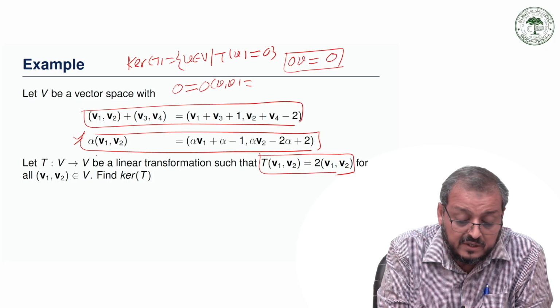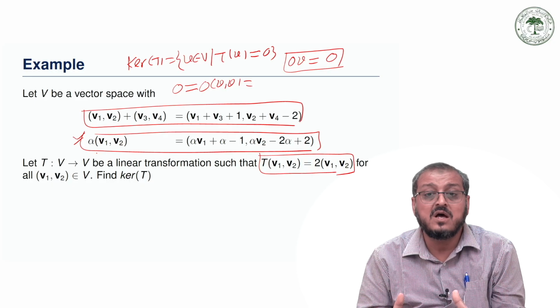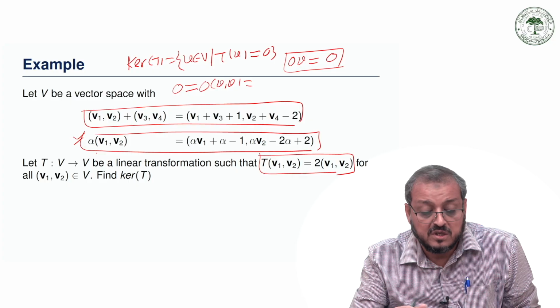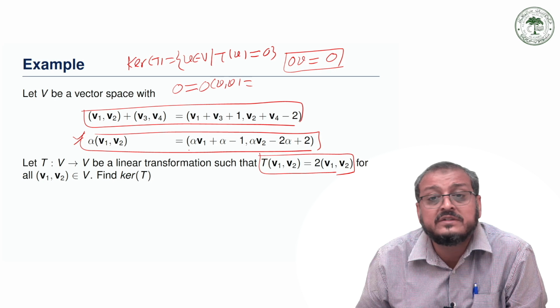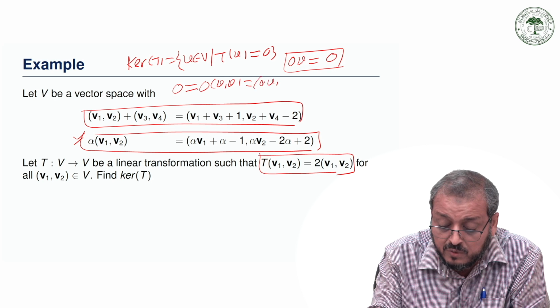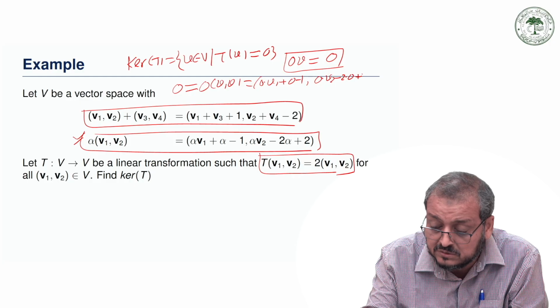So, we can find the identity element for this vector space, meaning the additive identity, the zero element of this vector space. We put alpha equal to 0 in this scalar multiplication. So, we have 0 times v1 plus 0 minus 1, and 0 times v2 minus 2 times 0 plus 2.